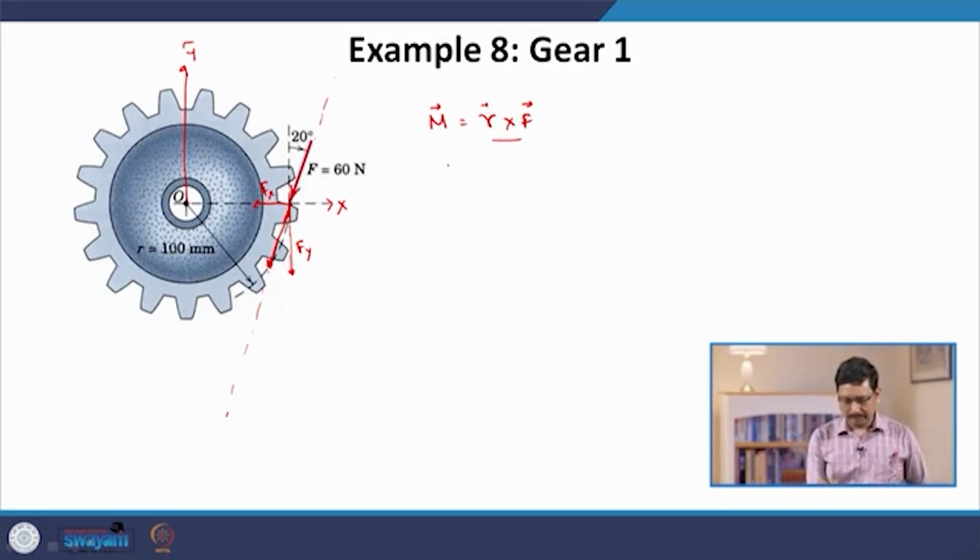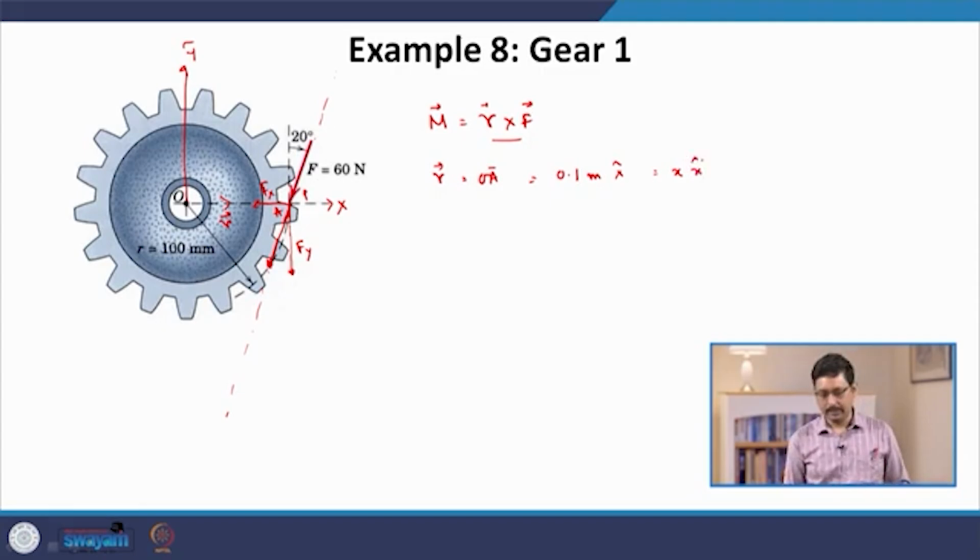From this choice of coordinate system, the position of the point of application of the force, this is my r, this point A, so this is OA, is equal to 0.1 meter x hat, and there is no y component. Let us call that for the moment x times x hat to keep the algebra general.